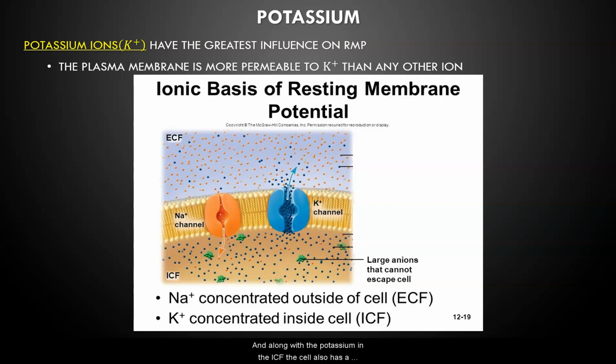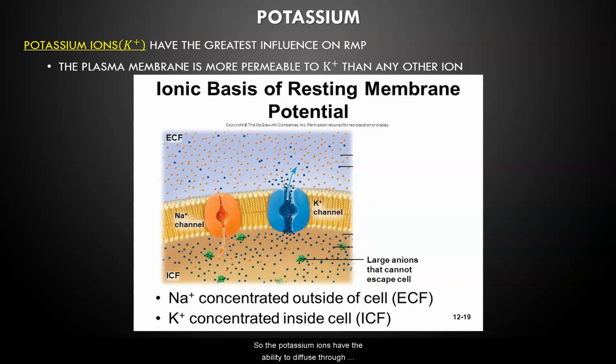And along with the potassium in the ICF, the cell also has a lot of anions, or negatively charged ions, that are impermeable to the membrane. They cannot escape due to both their size and their charge. We can think of things like proteins, RNA, ATP, etc.